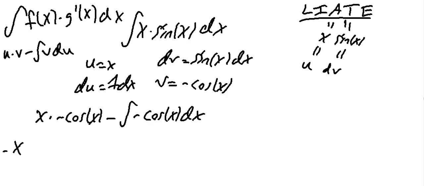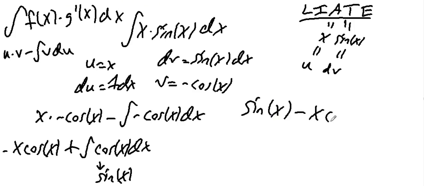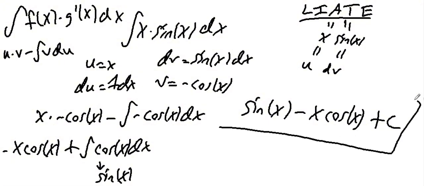We can rewrite this as negative x cosine of x plus, so we have two negatives, plus the integral of cosine of x dx. Now we know this integral is sine of x. So our answer is going to be sine of x minus x cosine of x plus c.